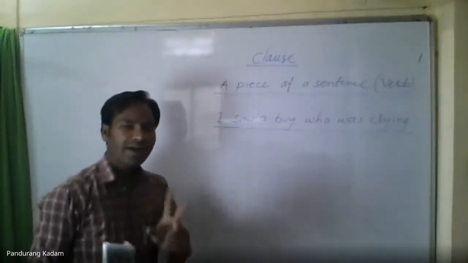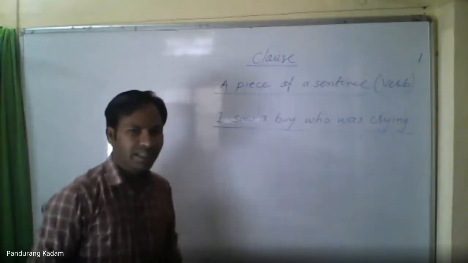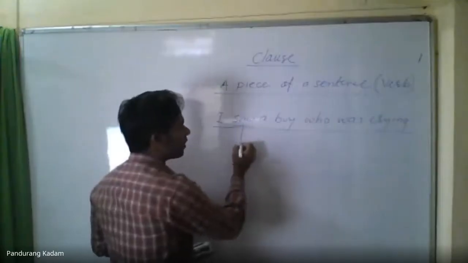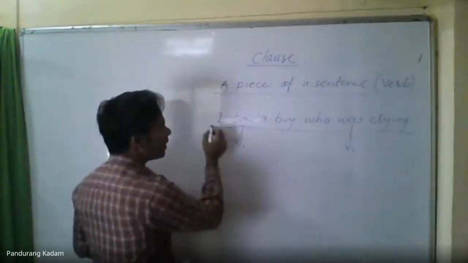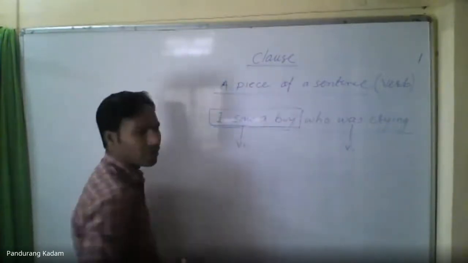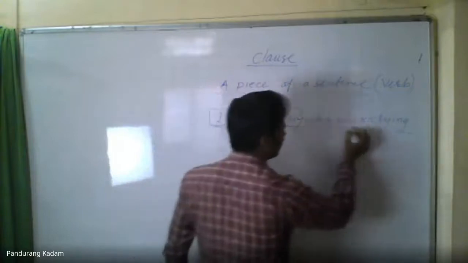But we will find there are two verbs in the sentence, and we will find two pieces of the sentence. If we cut the sentence, here are two verbs. Saw is the first verb, and was is also a verb. So this part, I saw a boy, right, and who was crying.